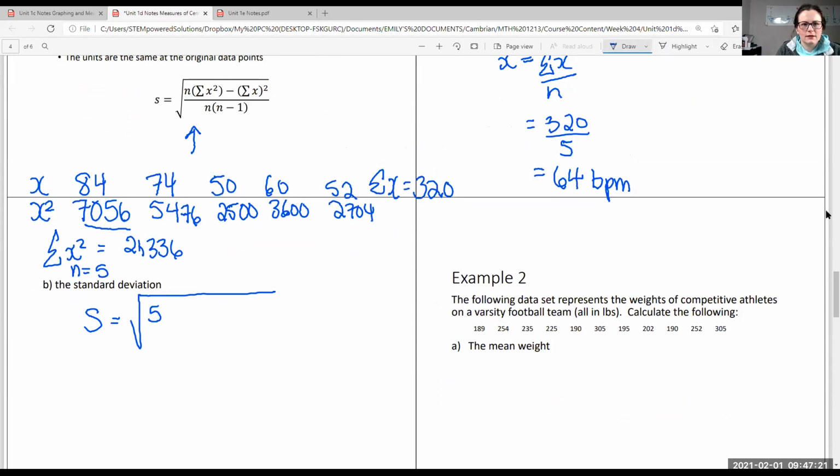Bracket the sum of x squared, which is bracket 21,336, close the bracket. Bracket 320, and that's going to be squared. Then I'm going to divide by n, which is 5, multiplied by n minus 1. So 5 subtract 1 is equal to 4. Any questions about how I got to this point?